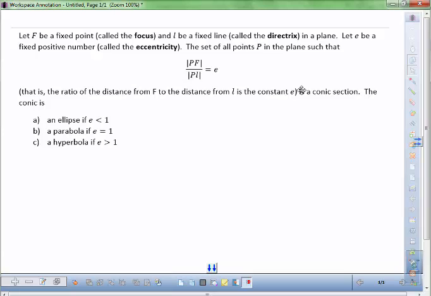So I think this is mostly used in astronomy, where they finally figured out that the Earth goes around the sun not in a circular path but an elliptical path.